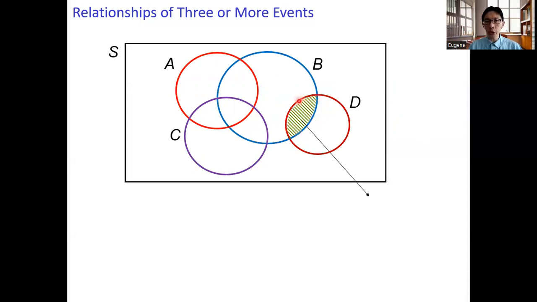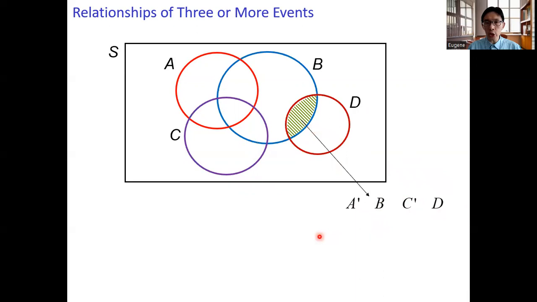This highlighted region consists of sample points that are in the complement of event A, outside circle A. The sample points in event B, the sample points not in circle C, so the sample points in the complement of event C. And also this region is in circle D. So what is the notation that corresponds to this region?